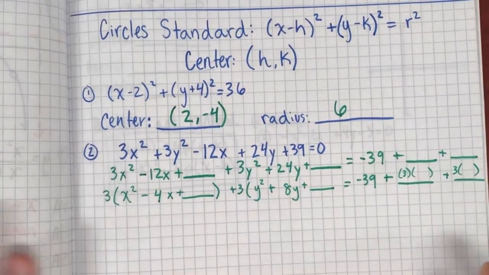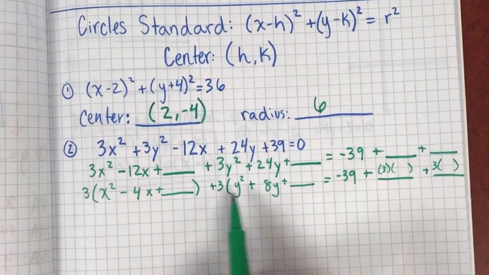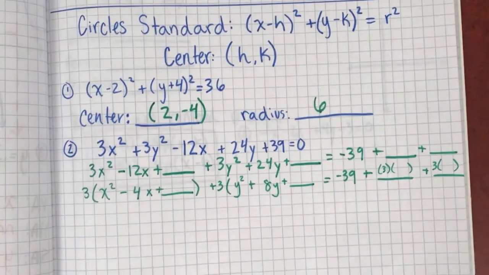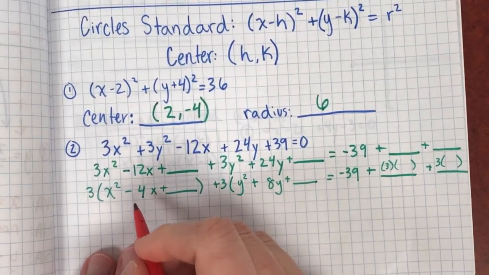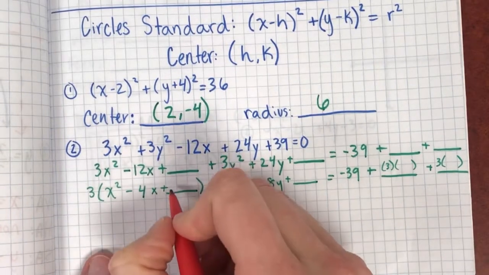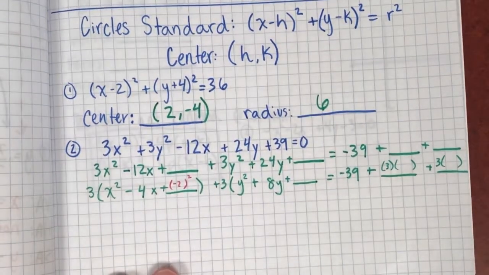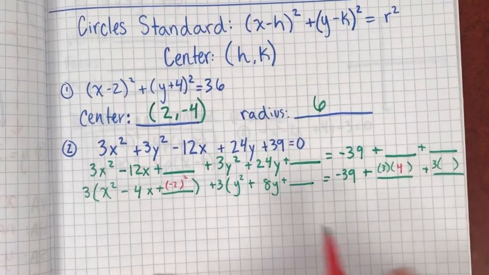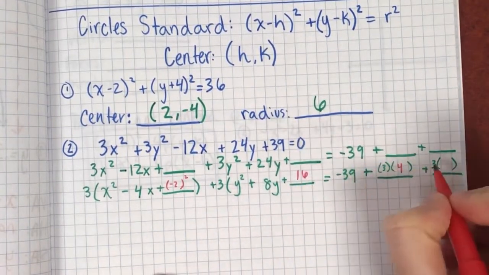And that's because of the coefficients that we took out from both of these. So starting off, half of -4 would be -2. -2 squared would be 4. So I'm going to go ahead and add a 4 over here, and I'm just simplifying that. Half of 8 is 4. 4 squared is 16.